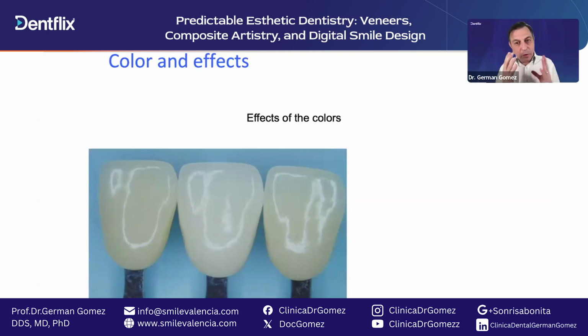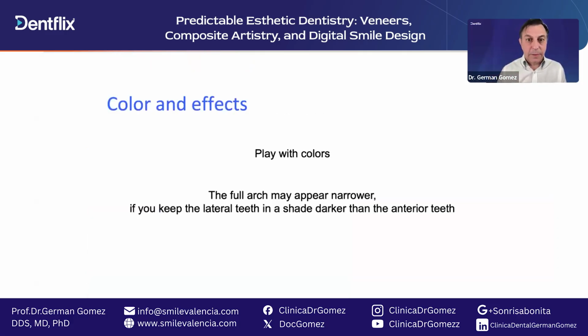If we have a narrower arch and want to expand that arch, we can make lighter colors so they appear to be bigger, these teeth. Okay, so how to play with colors? The full arch may appear narrower if you keep the lateral teeth in a shade darker than the anterior teeth, or if you make them a shade lighter, they appear wider.